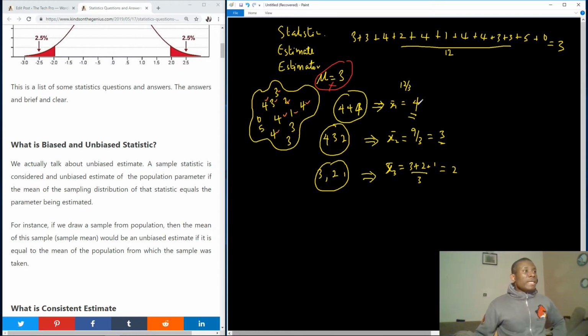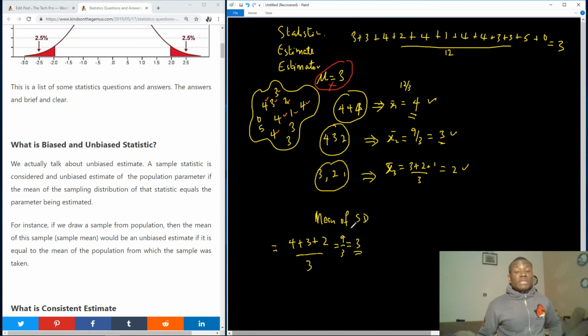So we want to find the mean of these 3 items: 4 plus 3 plus 2. The mean of the sampling distribution will be 4 plus 3 plus 2 all over 3, that is 9 over 3, and that will give us 3.